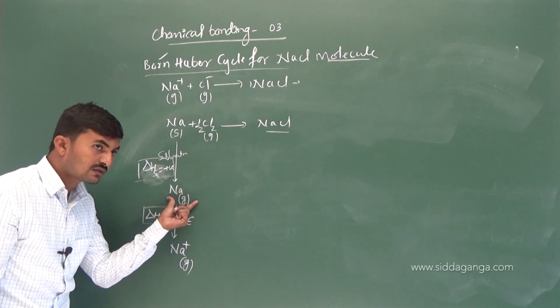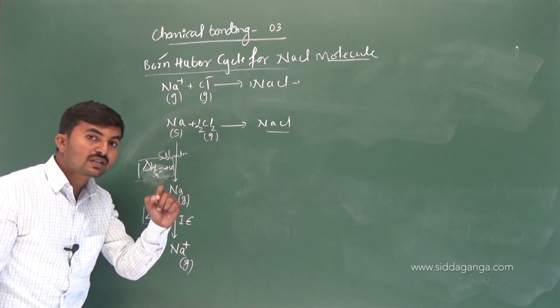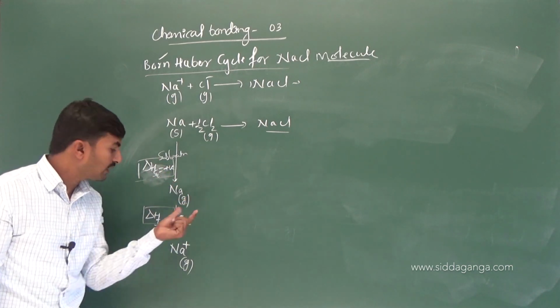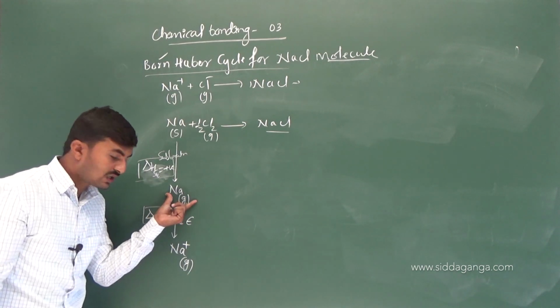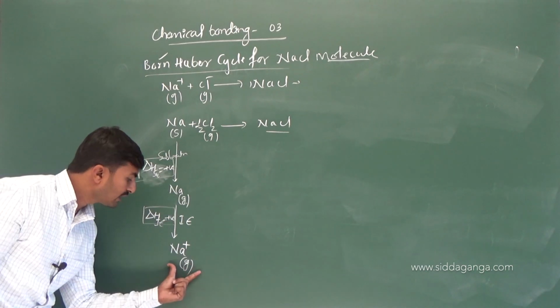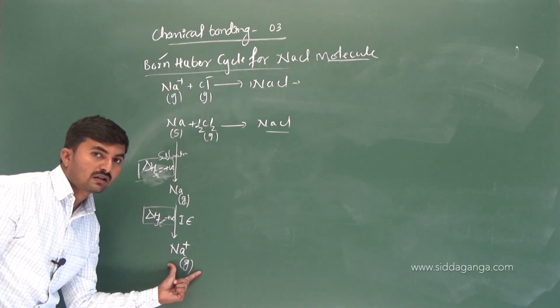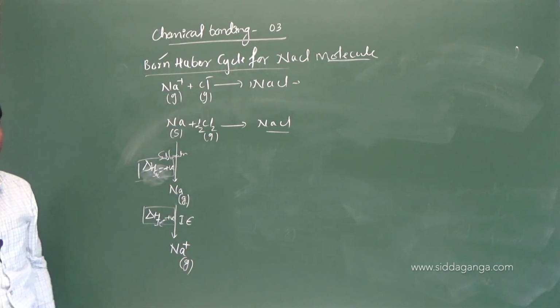From this gaseous state a removal of electron takes place, and the energy required to remove that electron is ionization energy. After providing that ionization energy, the sodium gaseous atom is converted into sodium cation. Now one process is over.